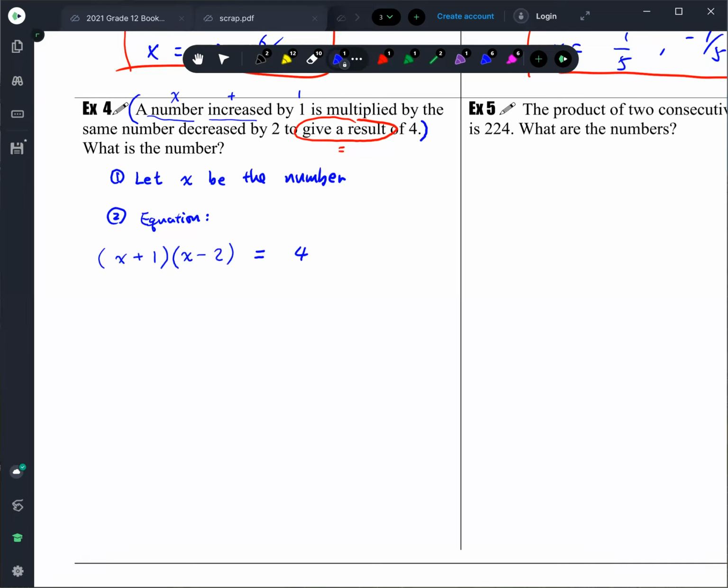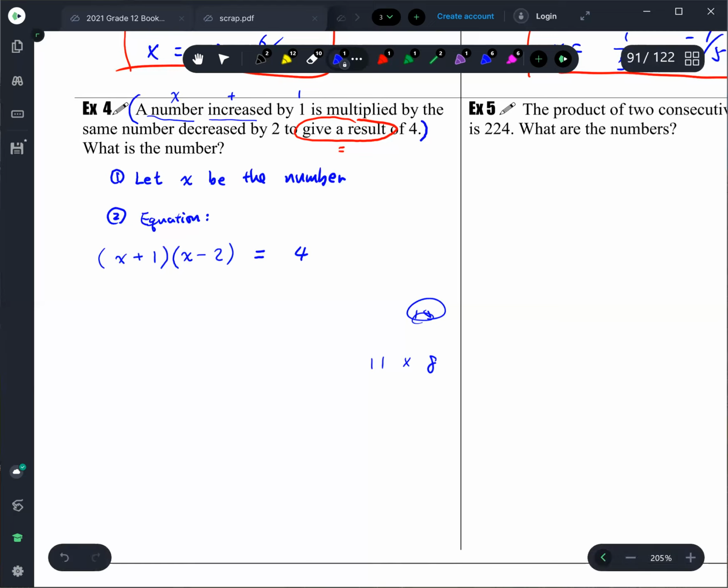So for example, if the number we want to find is 10, then 10 increased by 1 is 11. Multiplied by the same number, which is 10, decreased by 2, so that's 8. 11 times 8 is not 4, so 10 is not the answer.